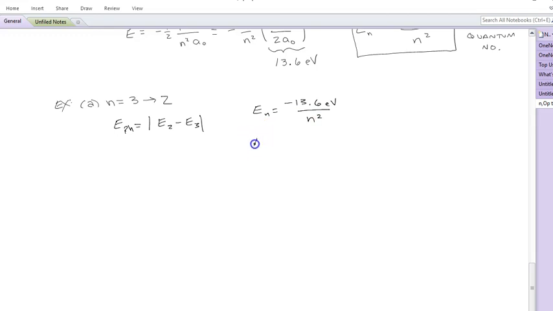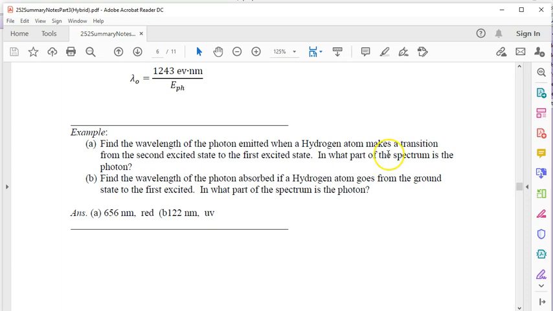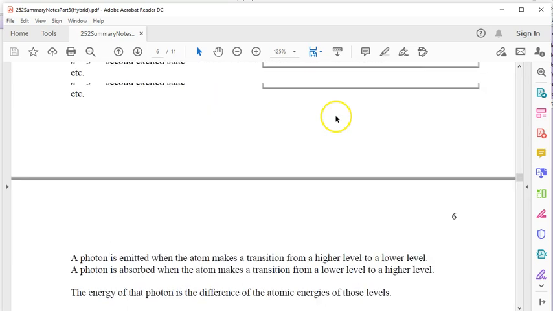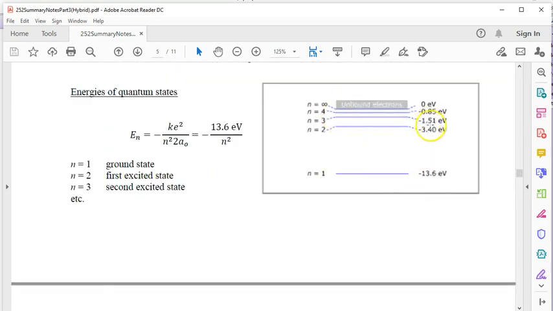So if I punch my calculator, I'll find out that E2, right, I put 13.6 over 2 squared, and I'm going to get minus 3.40 eV. And if I put 3 in there and square it, I'm going to get minus 1.51 eV. And again, if you have an energy level diagram already made, like you see here, you can see that.